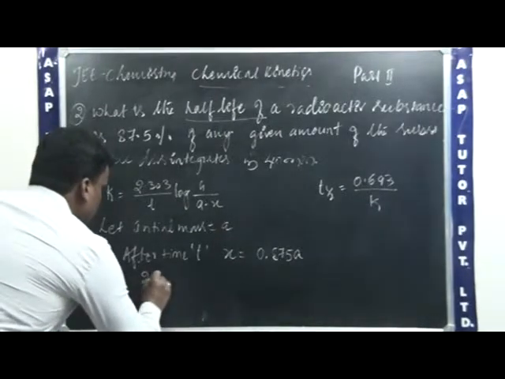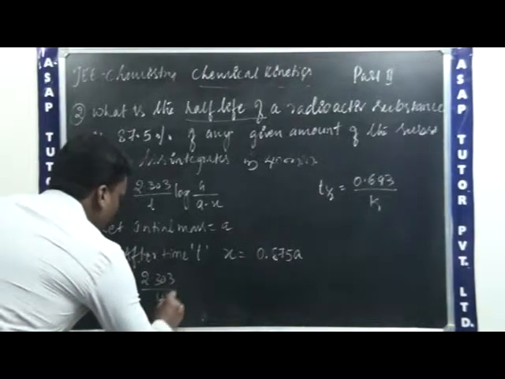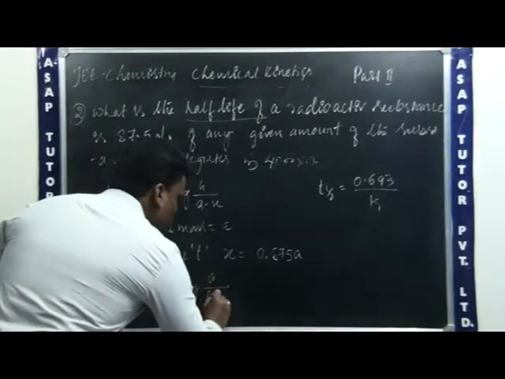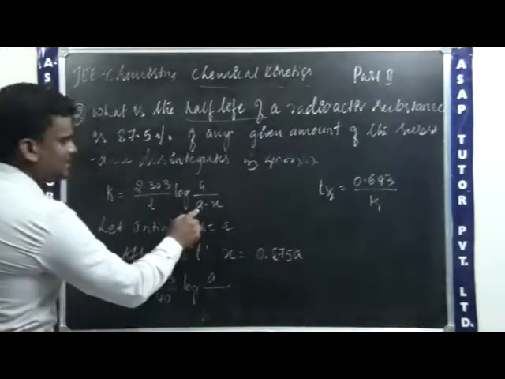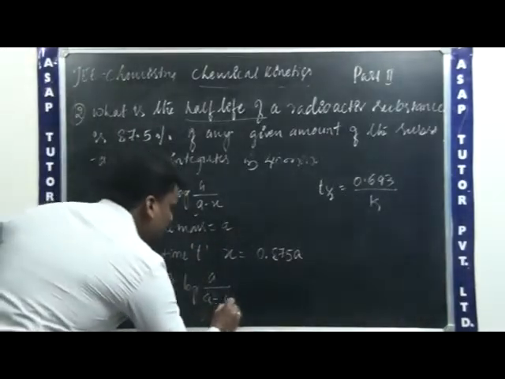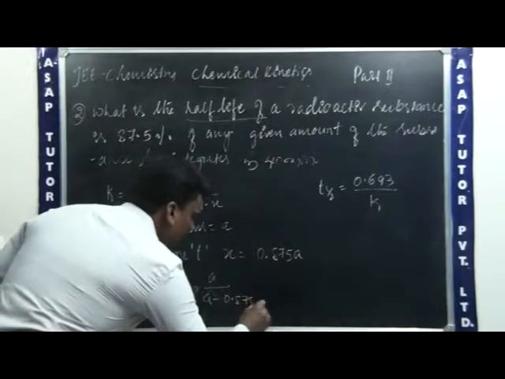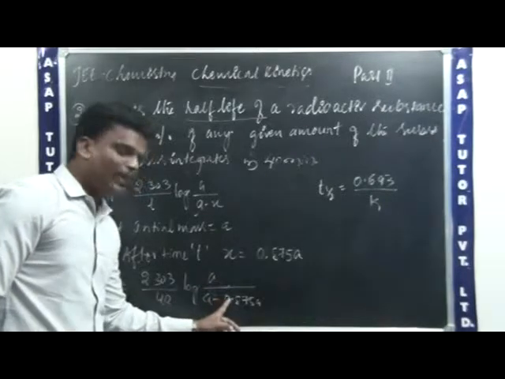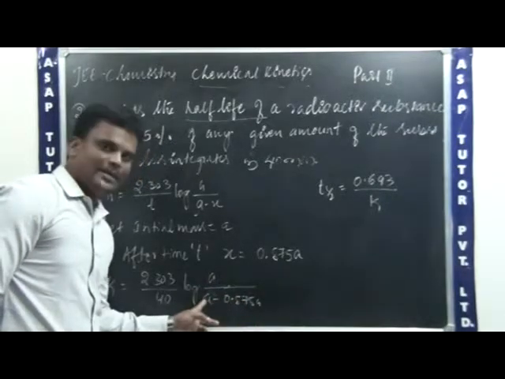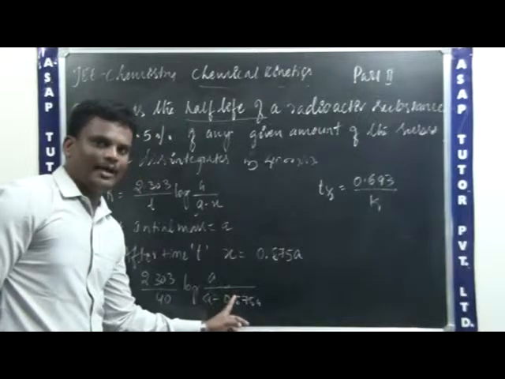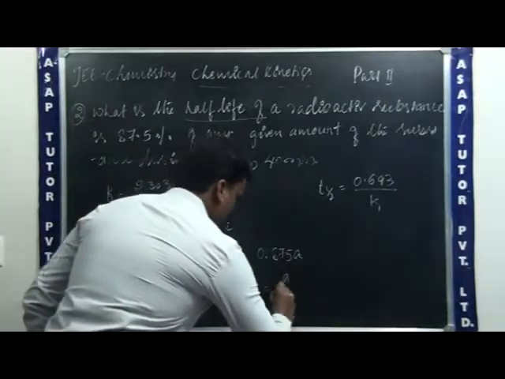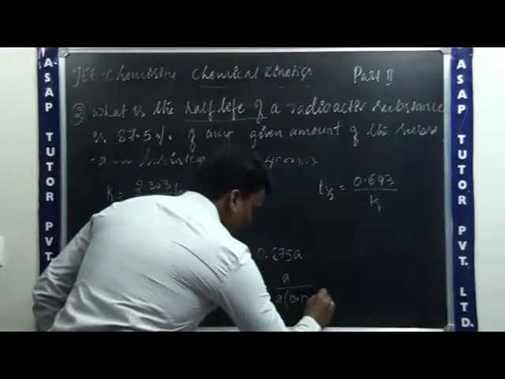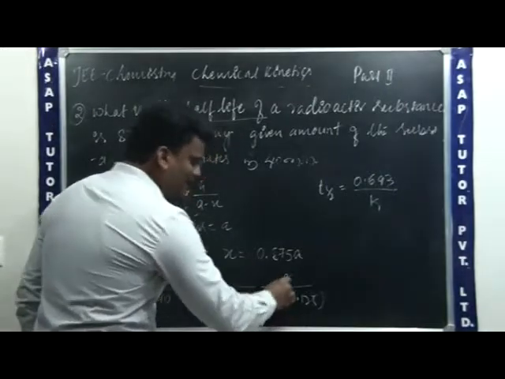K is equal to 2.303 divided by 40 into log of A divided by A minus 0.875 A. Now, A divided by A minus 0.875 A: you can take A as a common factor, 1 minus 0.875. Therefore, A divided by A into, if we subtract the value, we get 0.125. A gets cancelled.